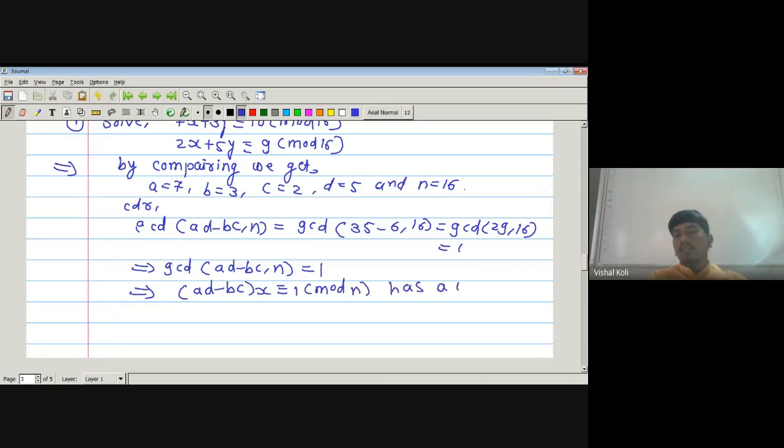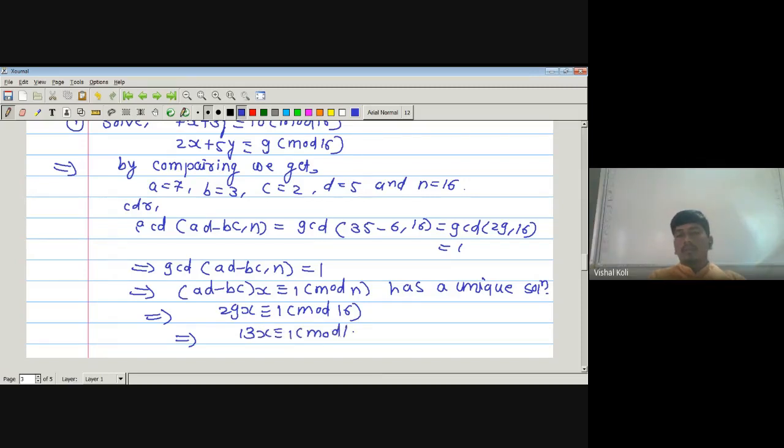Since GCD of AD minus BC comma n will be equal to 1, that is, 29x congruent to 1 modulo 16 has a unique solution. The value of 29 over 16 will be 13x congruent to 1 modulo 16.